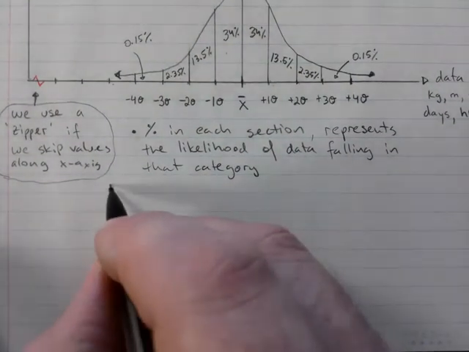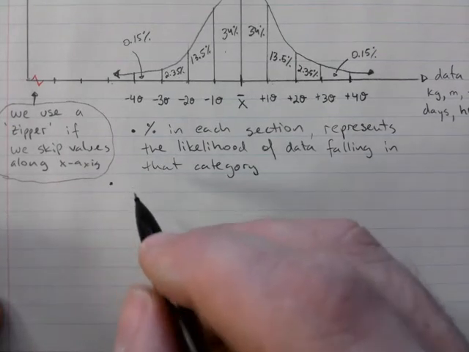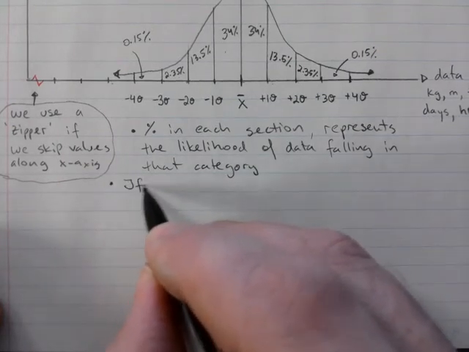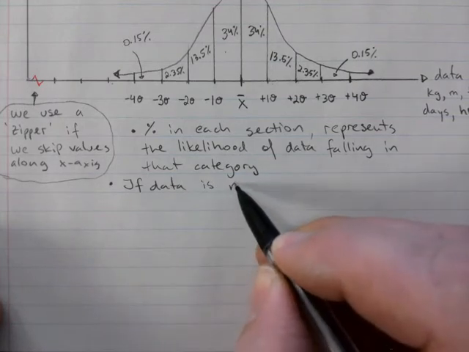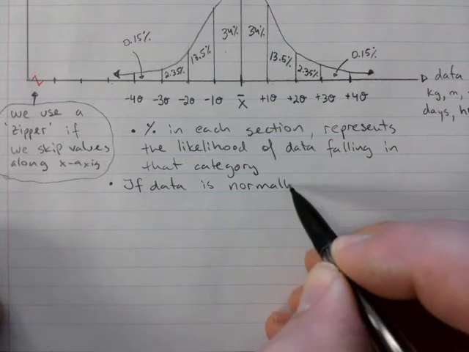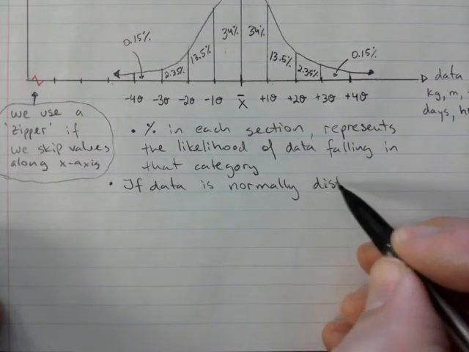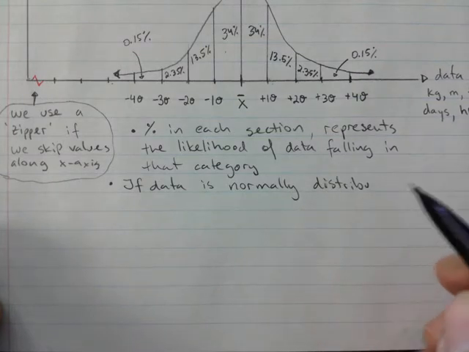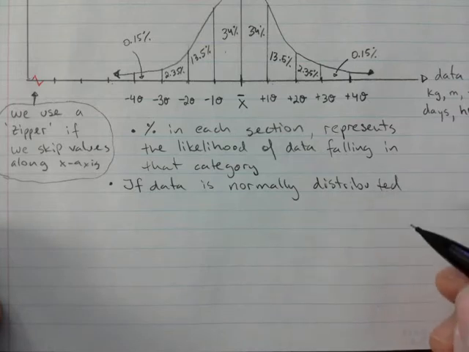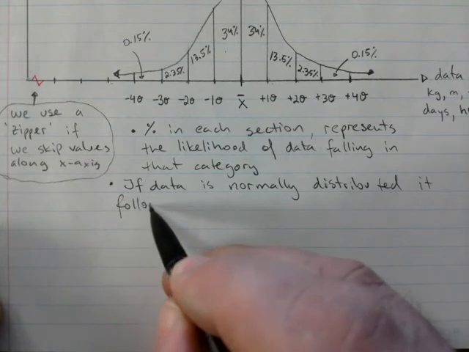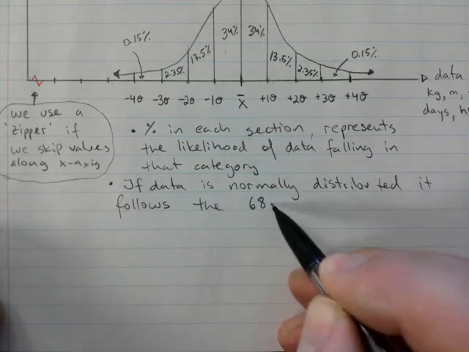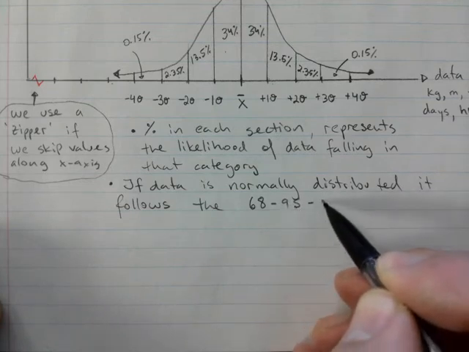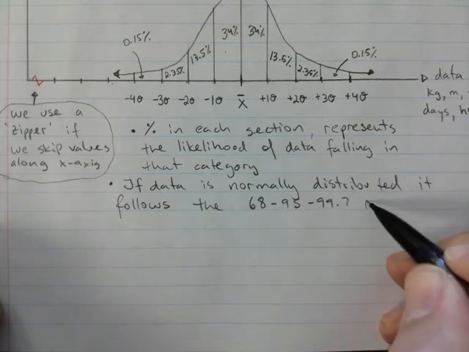I will also add this. If data is normally distributed, it follows the 68, 95, 99.7 rule.